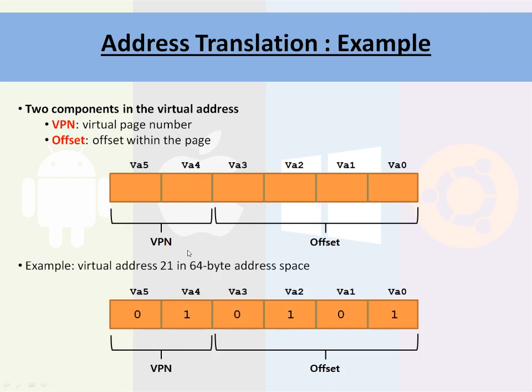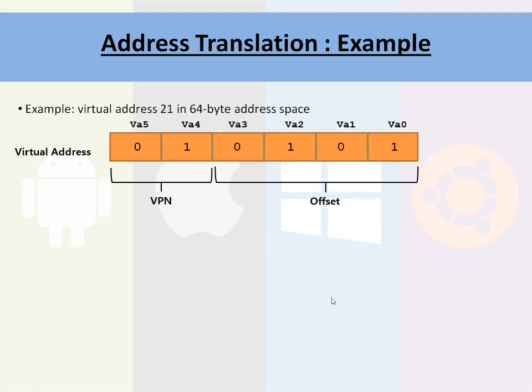Okay, so here we have an example of a virtual address, specifically virtual address 21 in our 64 byte address space. The virtual address is then transformed into binary, and you get 010101.